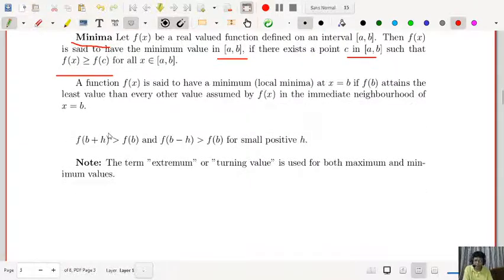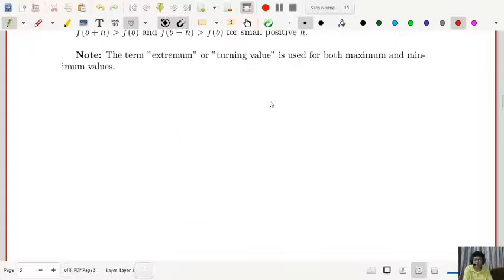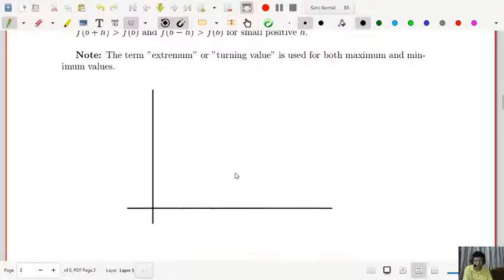And from the mathematical neighborhood property, if b attains the least value, then every other value assumed by f(x) in the immediate neighborhood of b is greater. So let me draw the diagram once again for this function to show the minimum. This is your diagram.